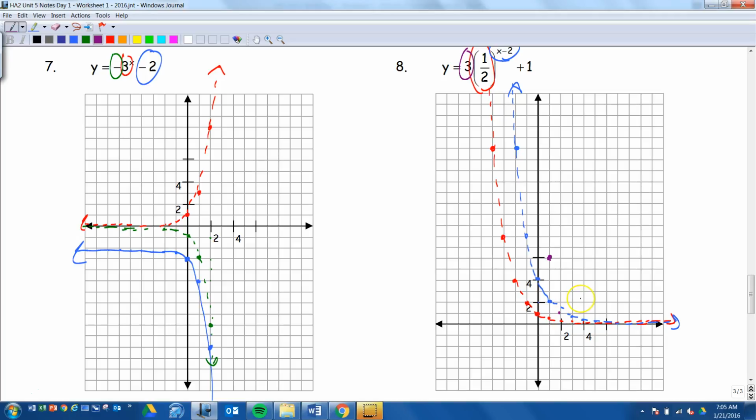This one should be here actually. Forgot to move that one over. This blue one should be right here. Okay. So at 1 times 3 is 3, so this is up here. 1/2 times 3 is 3/2. 1/4 is 3/4, and then we go from there.